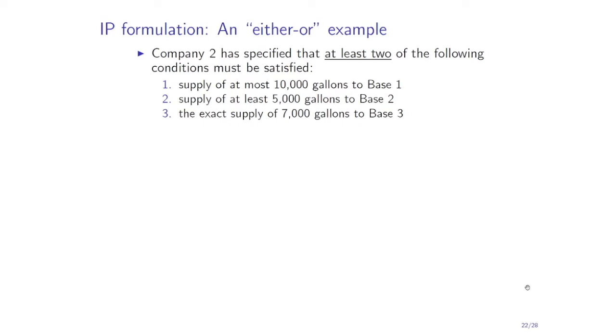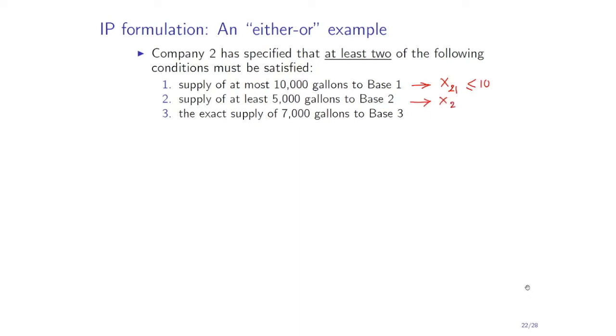Now it is easy for you to see that mathematically we are talking about the supply from company 2 to base 1 cannot exceed 10,000 gallons.